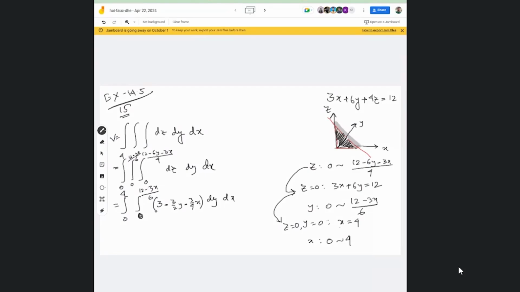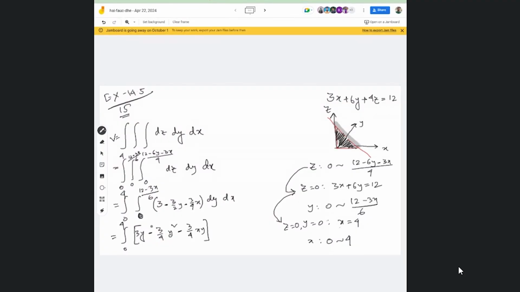It's like this. So then 0 to 4, we are going to integrate this with respect to y: 3y minus 3 by 4 y squared minus 3 by 4 xy.